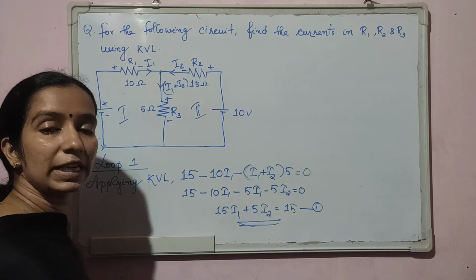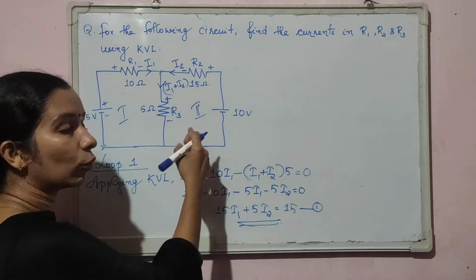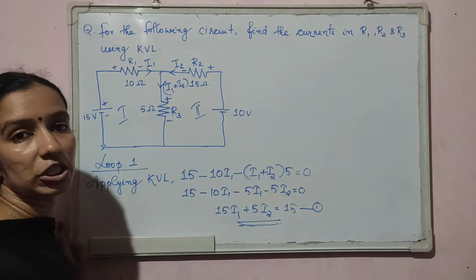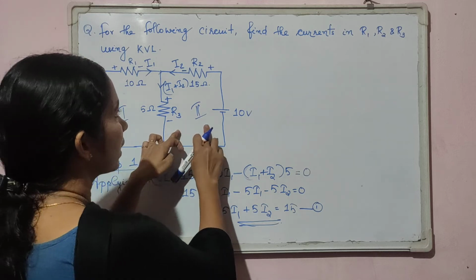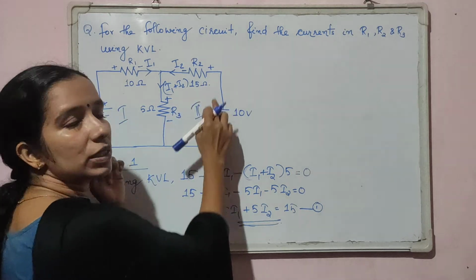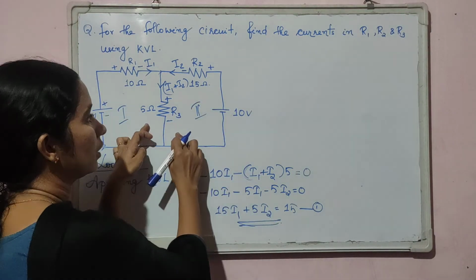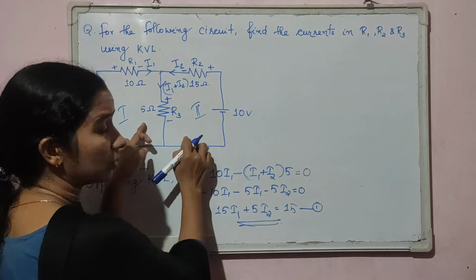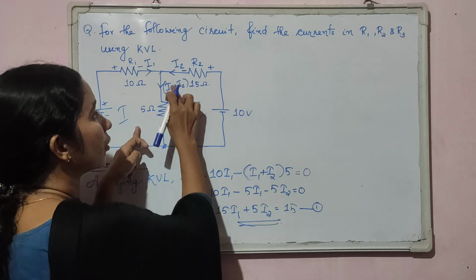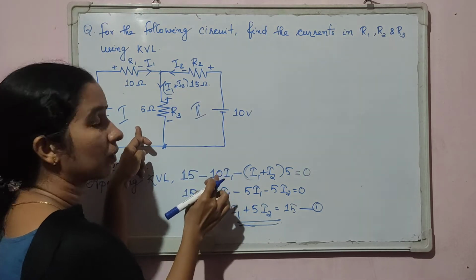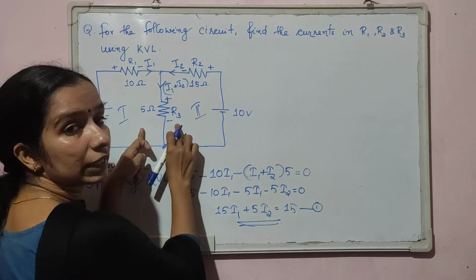Now let us apply Kirchhoff's voltage law to the second mesh or the second loop. For the second loop also, let us proceed in one particular direction. This is the second loop. Let us start from this point, and I am going to trace the circuit in the clockwise direction. The first component is R3.